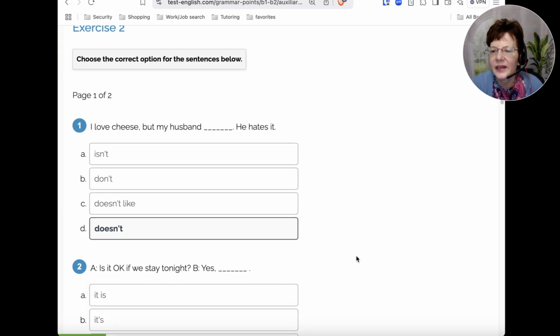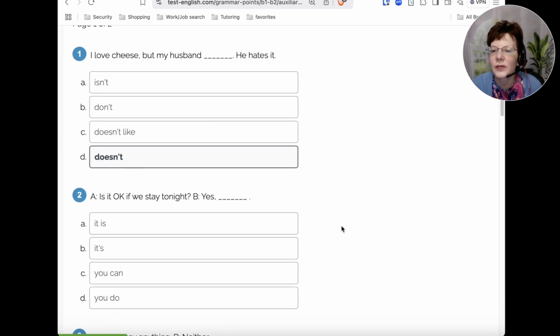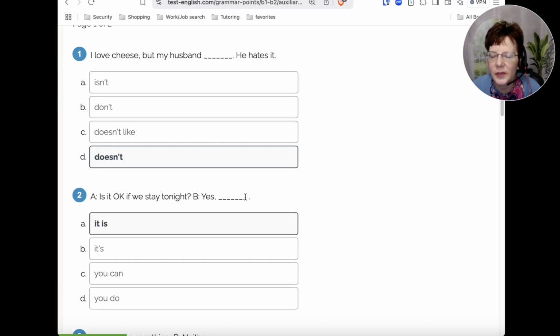And then number 2, is it okay if we stay tonight? Yes. So we have it is, it's, you can, or you do. If you chose the first option, it is, that would be correct, because we're asking, is it okay?